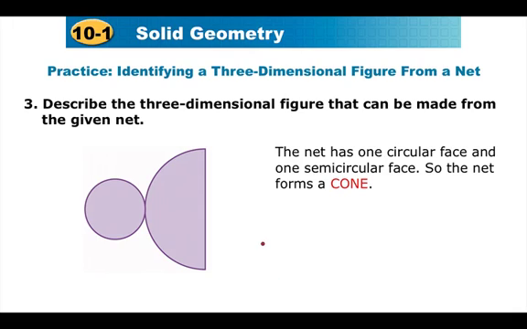It sort of looks like a hat. Let me just draw this. Again, you should know what a cone looks like. It looks something like this. You get the point. It's an ugly looking cone, but you get the point. Let's move on to the next slide.